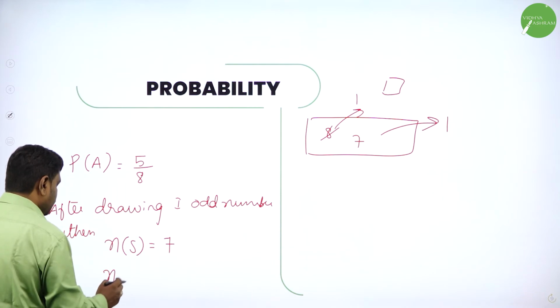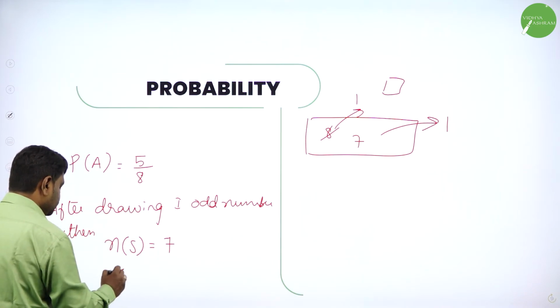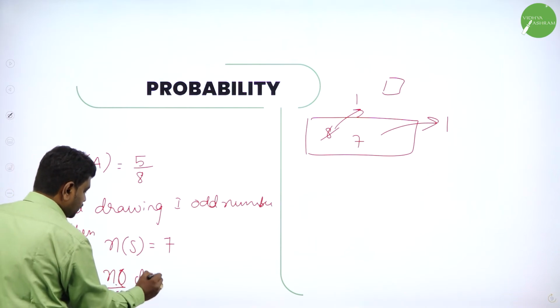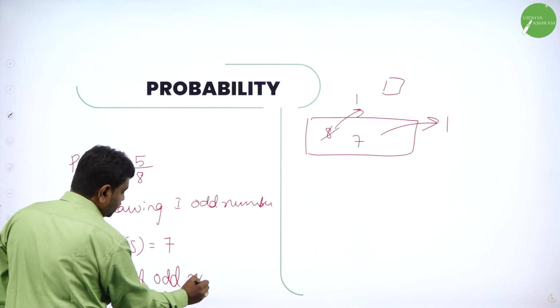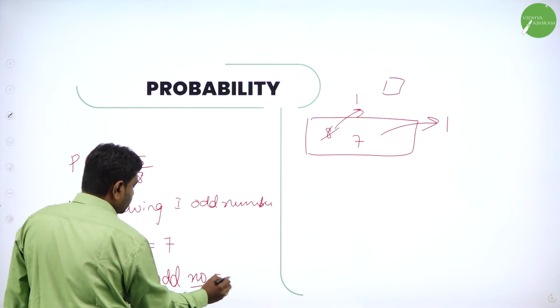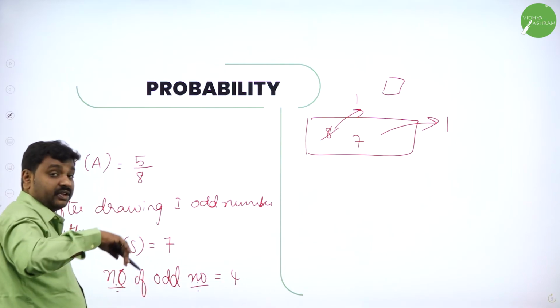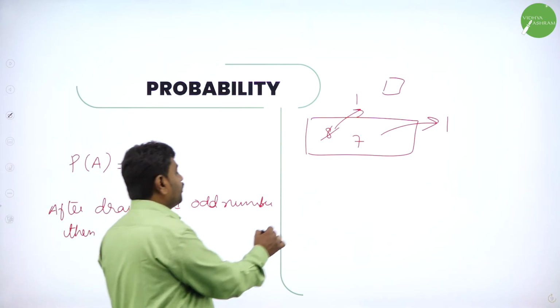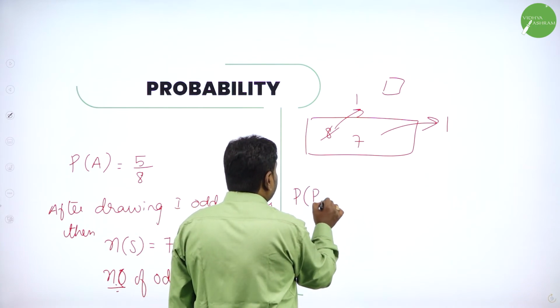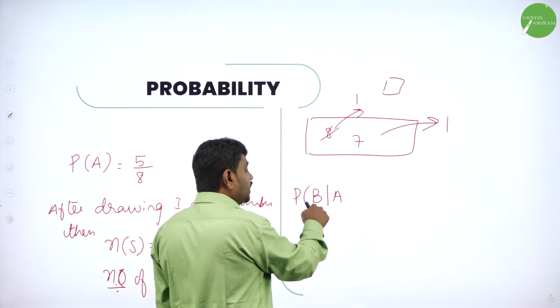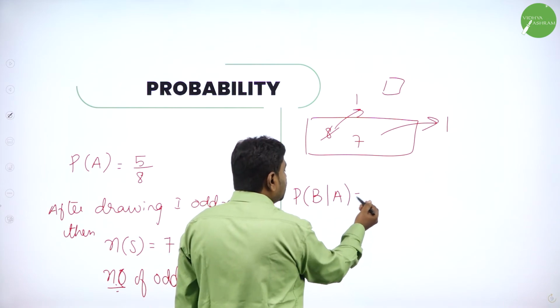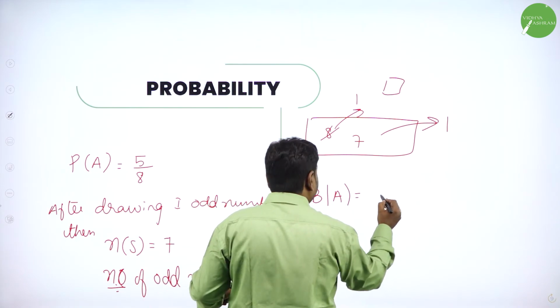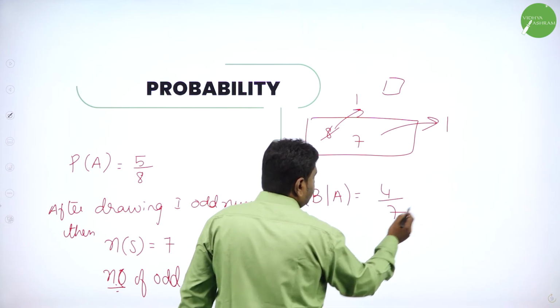And n of A, the number of odd numbers, because one has decreased, also becomes 4. Earlier it was 5, now it becomes 4. So now P of B by A, the probability of drawing the second odd number given that the first odd number is done. Probability means favorable by total. Favorable we have only 4, and total is 7.